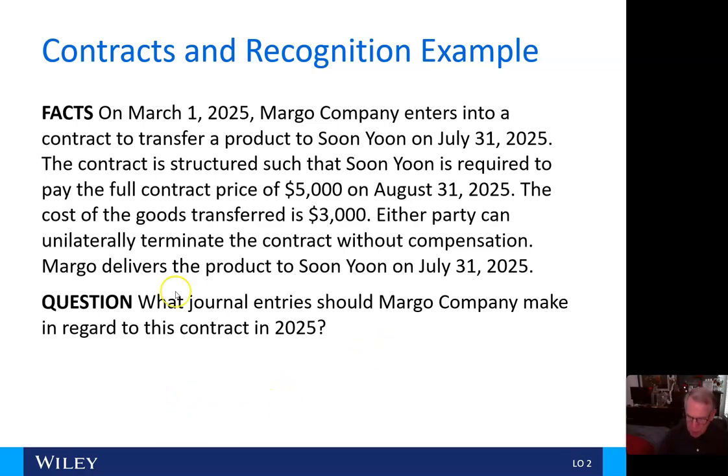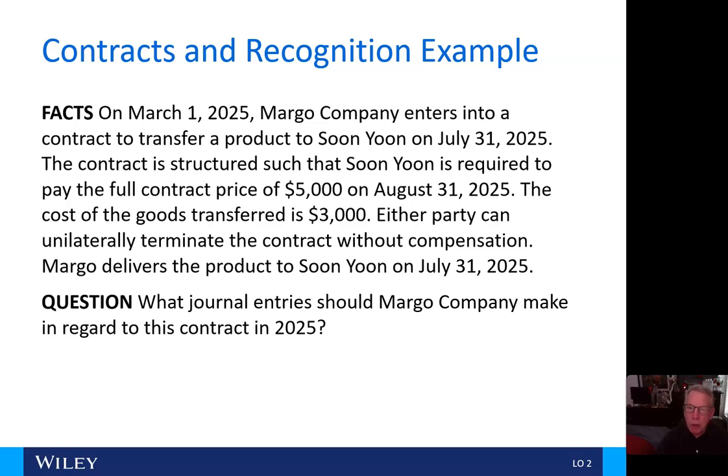So here, the facts: on March 1, 2025, Margot Company enters into a contract to transfer a product to Sun Yun on July 31, 2025. The contract is structured such that Sun Yun is required to pay the full contract price of $5,000 on August 31, 2025.